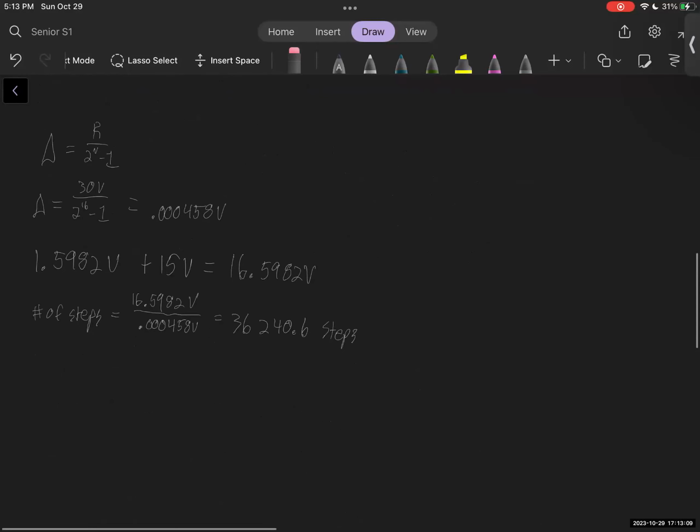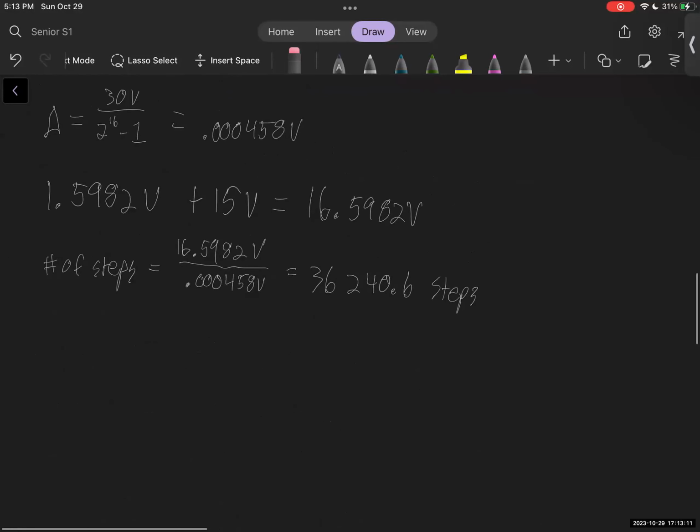If we were to take a look at that diagram, the distance between the floor and the ceiling is 30 volts total, going from -15 to +15. In terms of levels, it goes from level 0 to level 65,500 something. We're trying to convert between volts and levels.